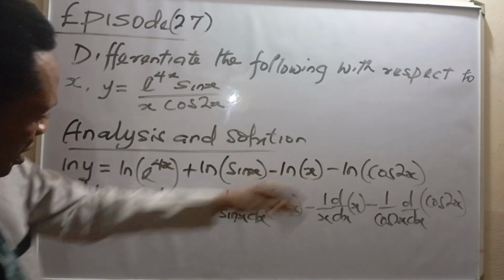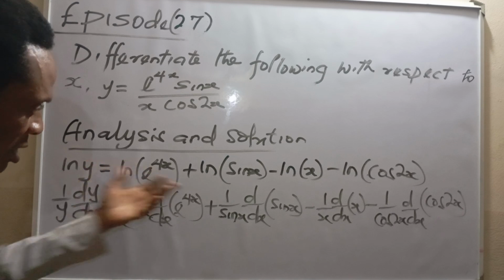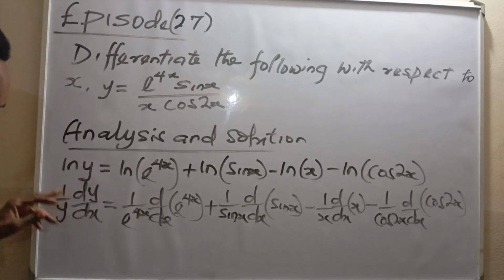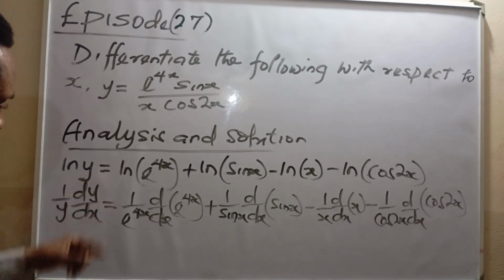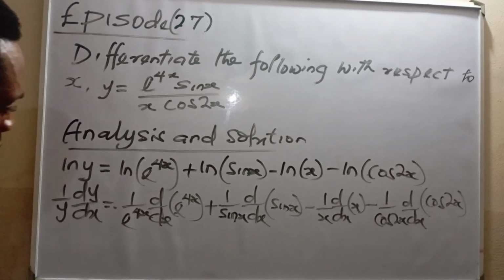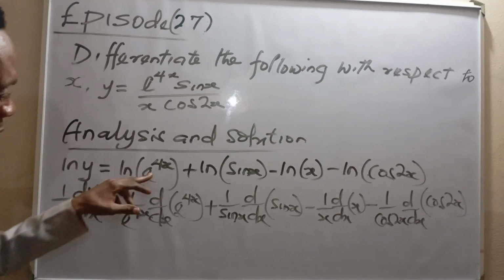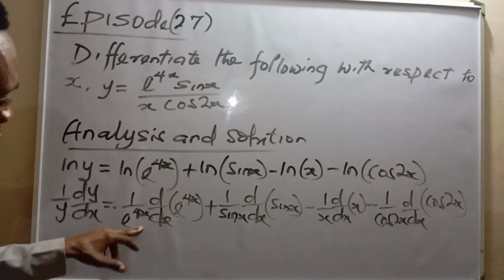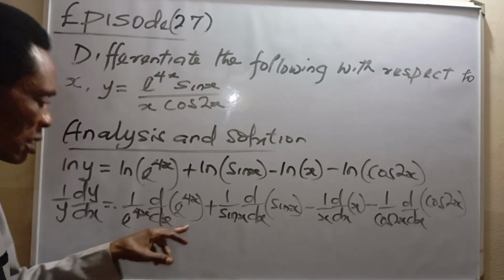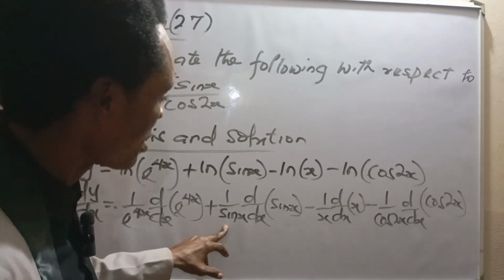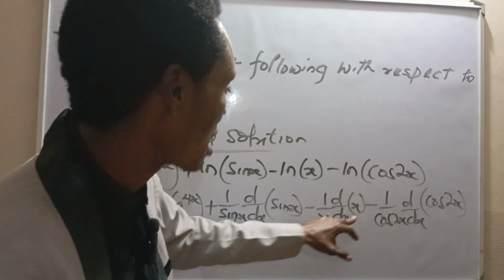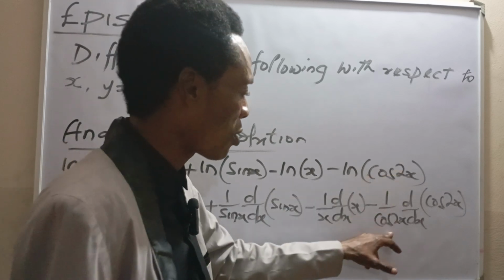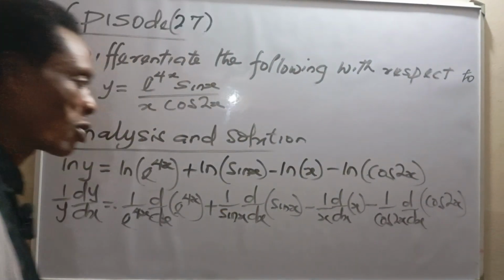Since it's linear, the differentiation is the reciprocal of y, then d/dx of y, equals the reciprocal of e^(4x), then d/dx of e^(4x), plus the reciprocal of sin x, d/dx of sin x, minus the reciprocal of x, then d/dx of x, minus the reciprocal of cos 2x, then d/dx of cos 2x. So that is what we have just done.